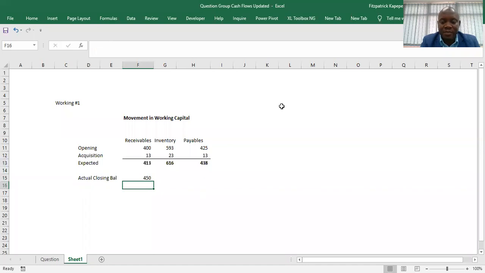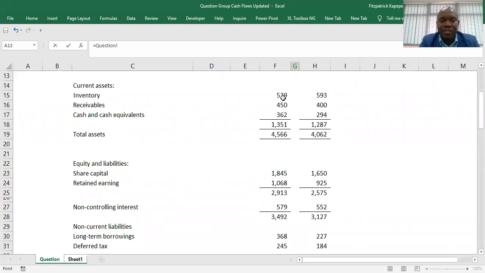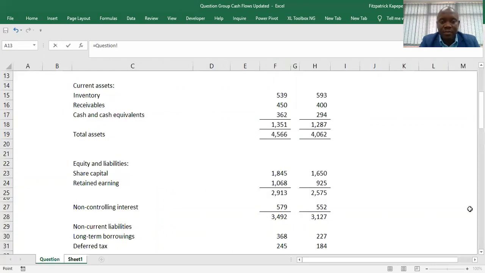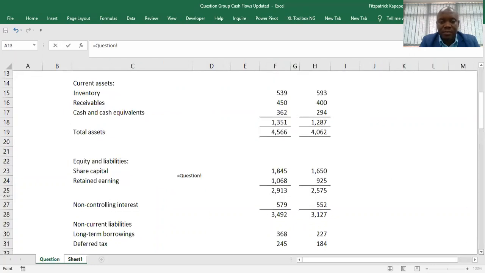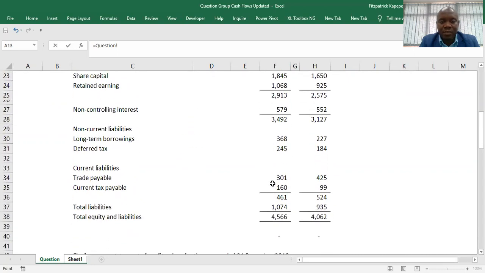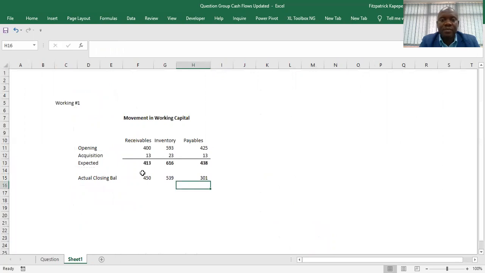Receivables of 450. Inventory of this. Payables. That much.